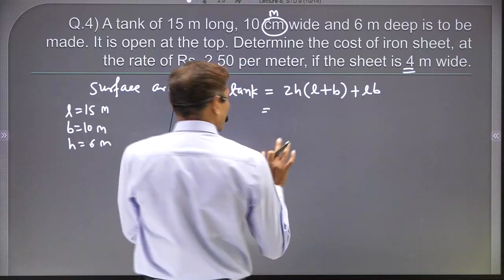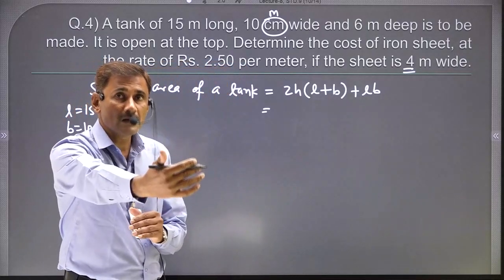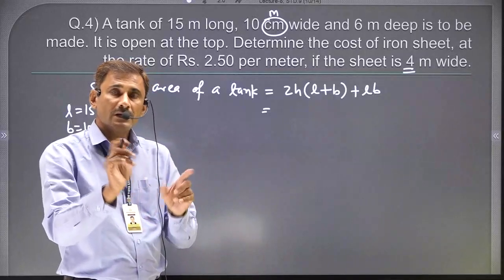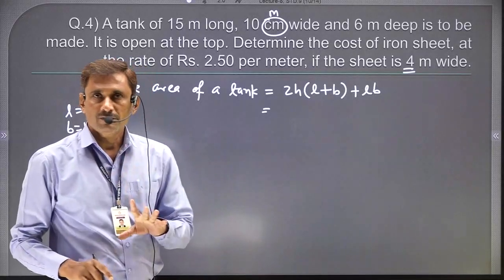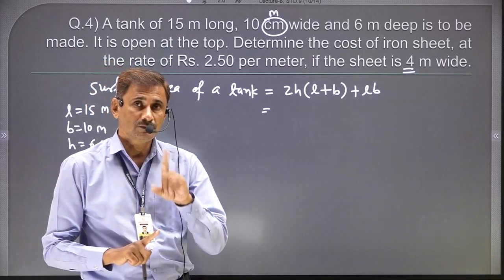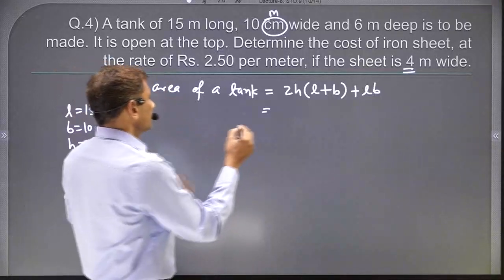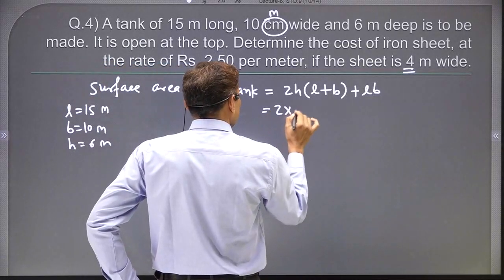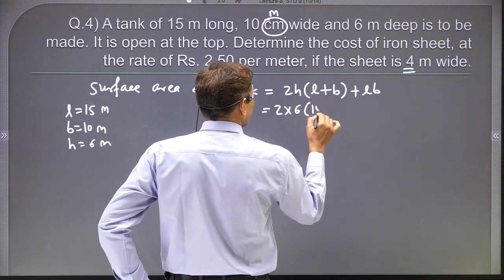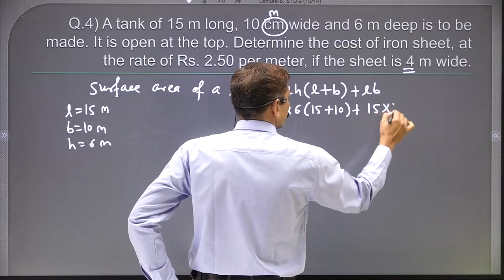So at your home you are just counting the total surface area. Whenever you go to the market, suppose at that time you tell them 4 meter wide is there, so how much length is required? So you will first determine the length and then ask accordingly. Okay, so now just put everything. 2 into (6, 15 plus 10 plus 15 into 10).